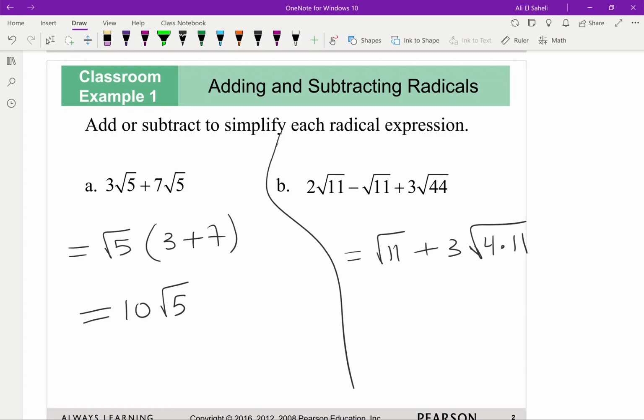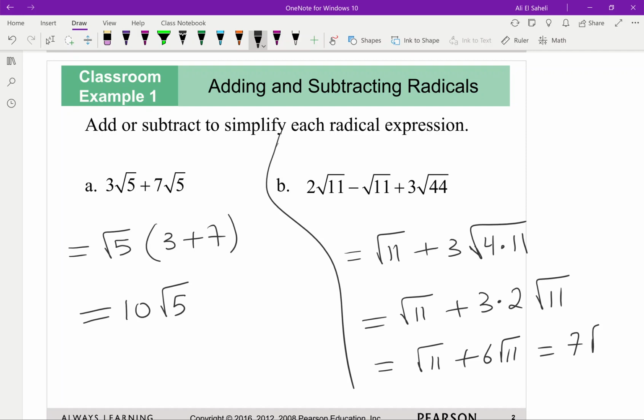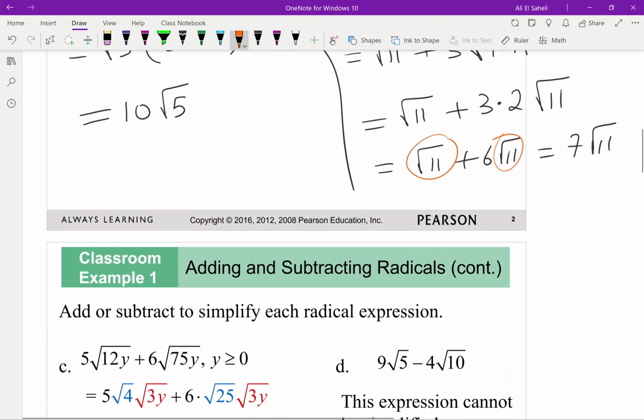Now 4 is 2 squared. Radical 4 is 2, or radical 2 squared is 2. So this becomes radical 11 plus 3 times the 4 comes out as 2. Okay, so this is radical 11 plus 6 radical 11. Now we have the same radical term, so you can add them.